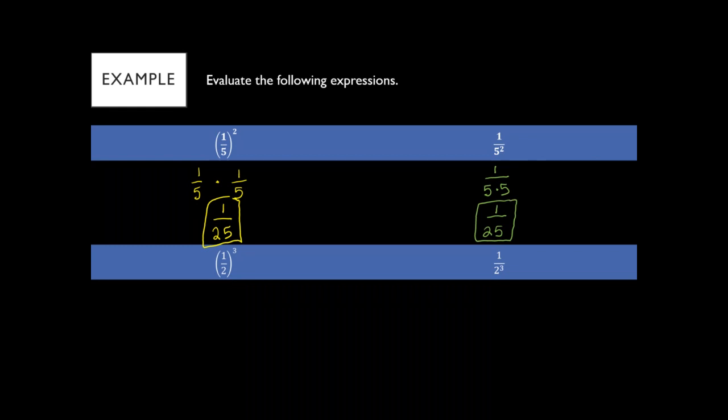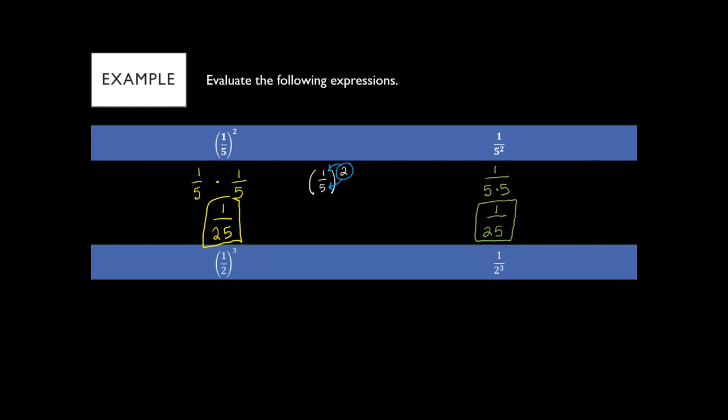And this brings us to one of our rules of exponents, that these are basically the same thing. So if I have 1/5 squared, we have a rule for exponents that basically says you square the top and you square the bottom.